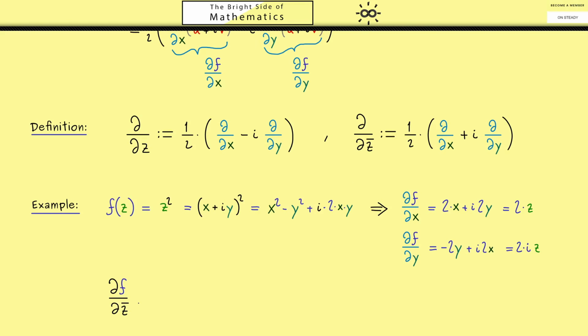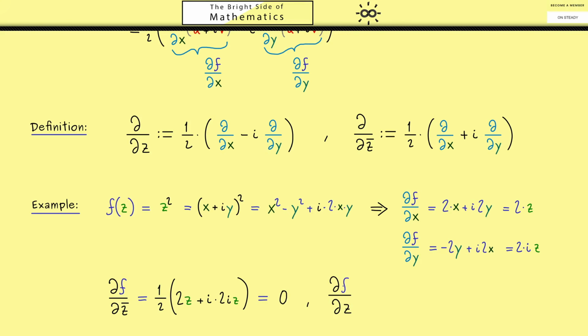So let's start with the second one, df dz bar. It's 1/2 times 2 times z plus I times 2iz. Again, we know I squared is minus 1, so we get 0 here. This is what we expected because the polynomial is a holomorphic function.